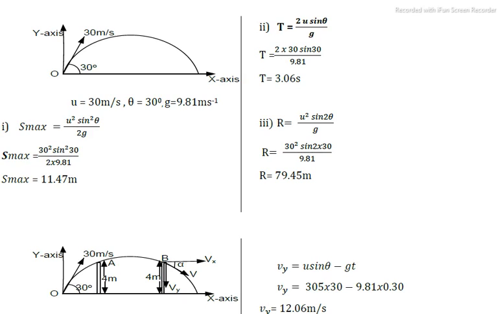At that moment of maximum height, the final velocity v equals 0, and u is the vertical component of velocity, which is u sine theta. So when you substitute in that, we shall get the formula as u squared sine squared theta over 2g. We shall just substitute in the formula to get the maximum height.